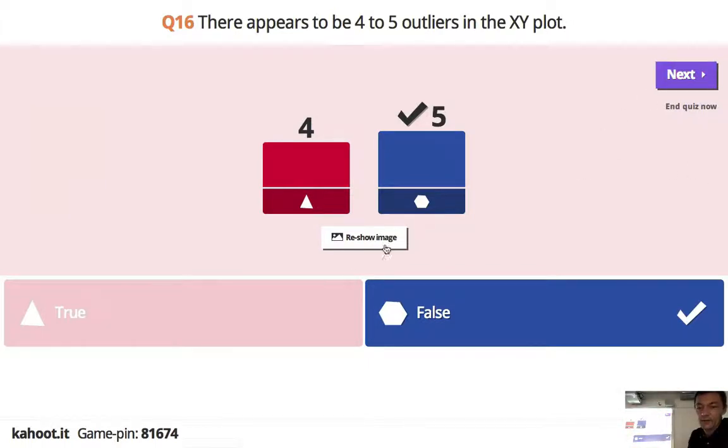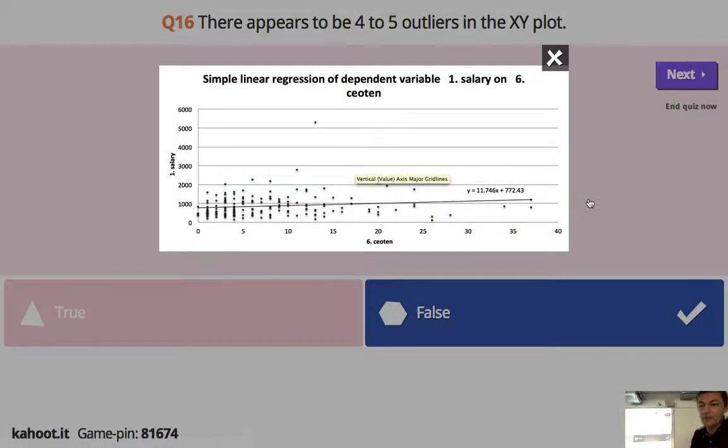Okay, I heard someone talking about these out here. Are these outliers? No, that's right. This is an outlier, right? So the question was there appears to be 4 to 5 outliers in the XY plot, but it actually only appears like there's one outlier, right?